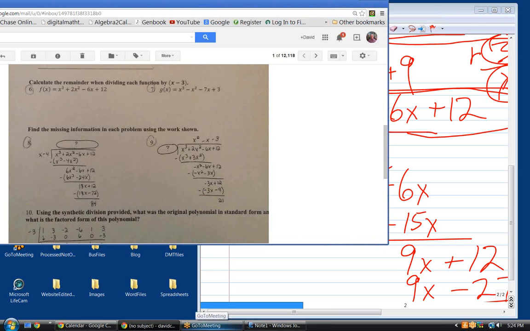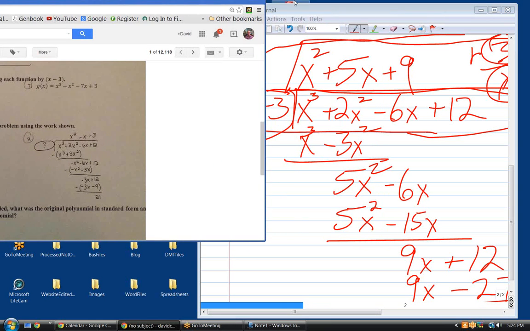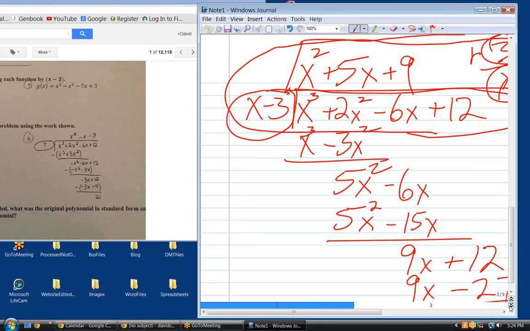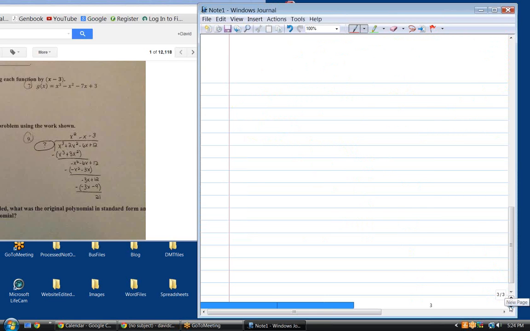All right, let me move that over a little bit so we can do 7.